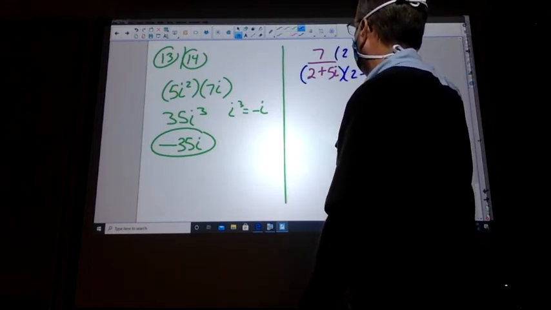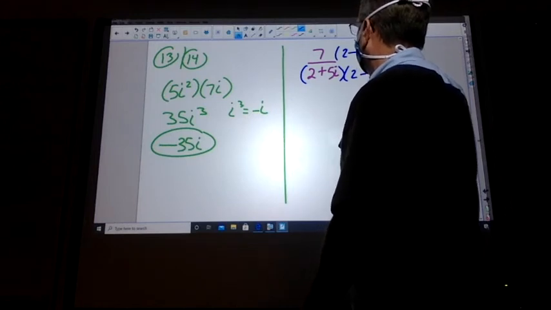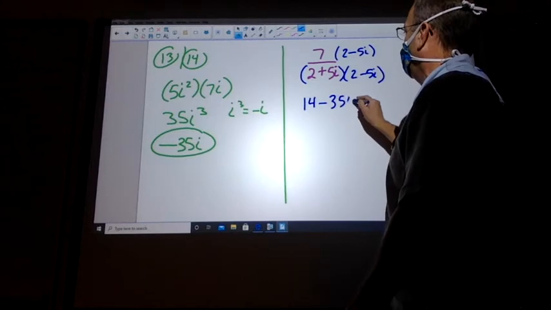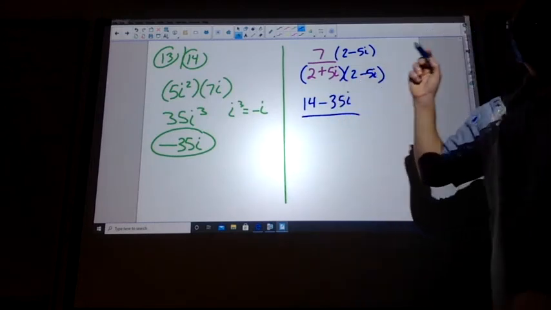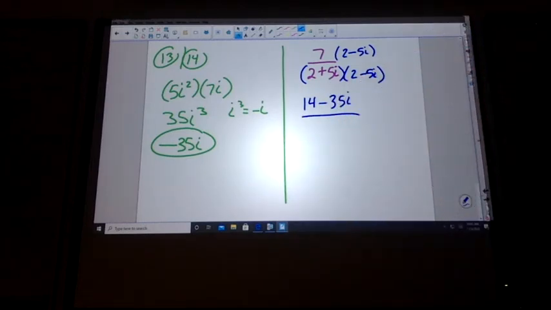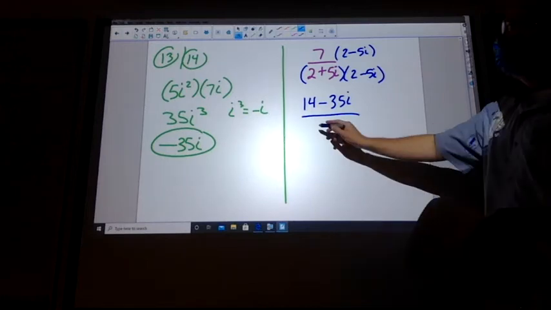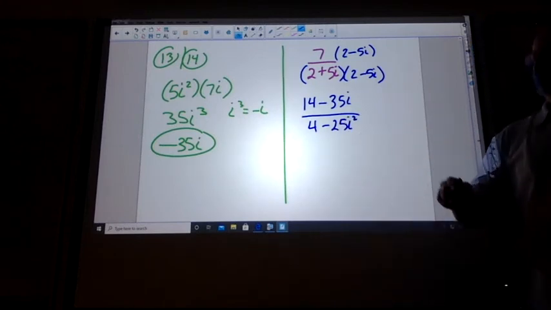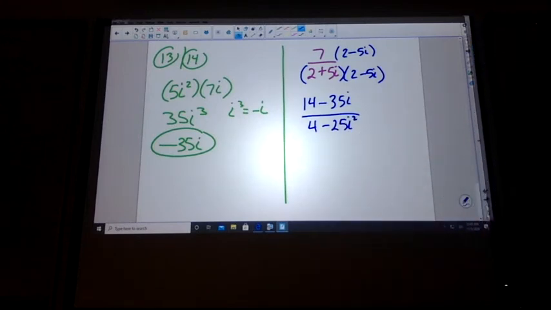You just have to change one sign. So distribute on top, so I'm going to get 14 minus 35i on top. Foil the bottom. If I foil the bottom, the outside and the inside do what? It cancels, so I get 2 times 2, which is 4, minus 25i squared. What's minus 25i squared? 25.